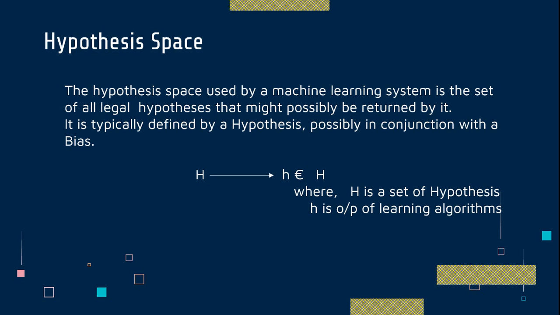So this is my first hypothesis. My second hypothesis says that if the student has less than 25 marks, he will fail. This is my second hypothesis. My third hypothesis says that if the student has less than 23 marks, he will fail. So this is my third hypothesis.